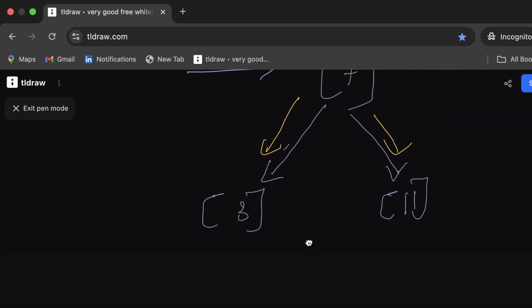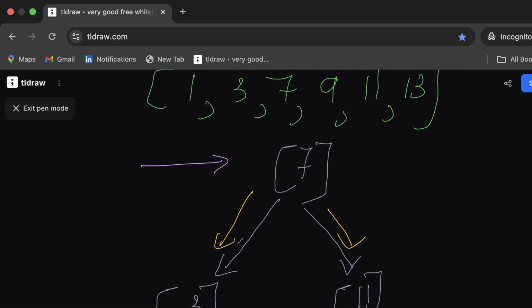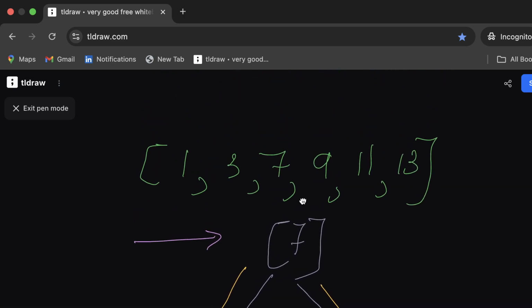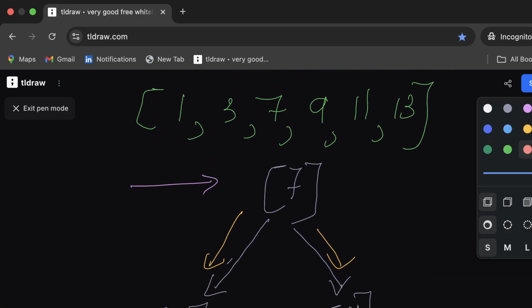At each level we are just ignoring half of the input. Hence you get that log base 2 complexity.